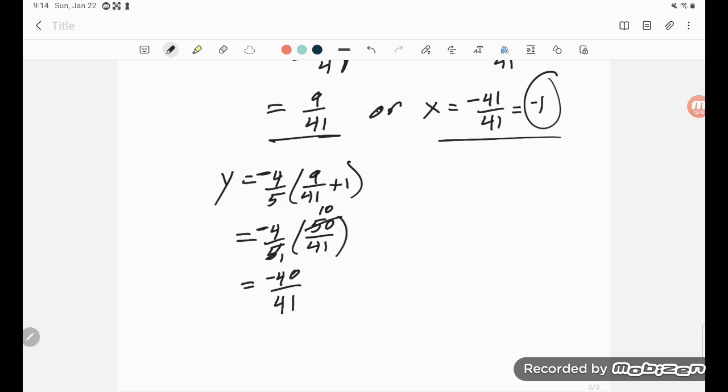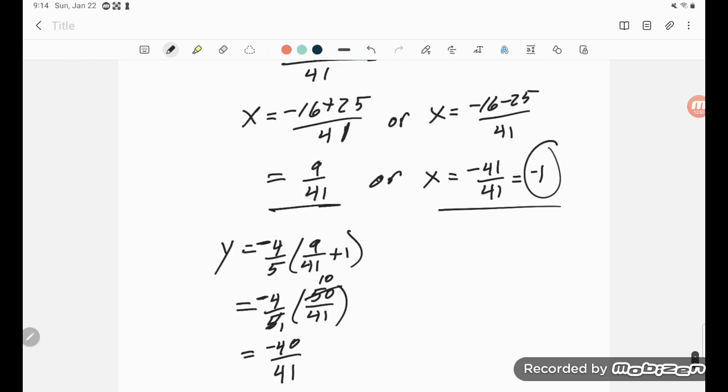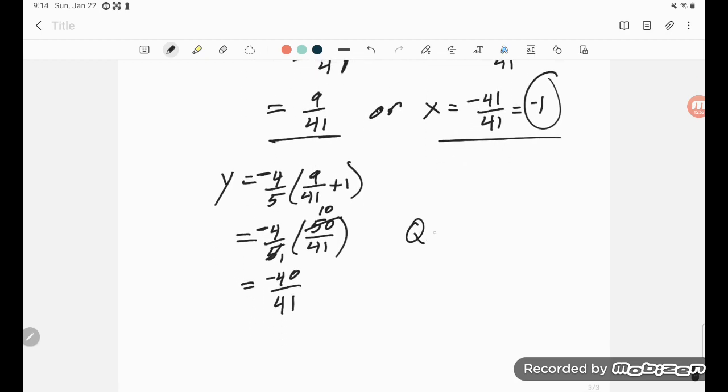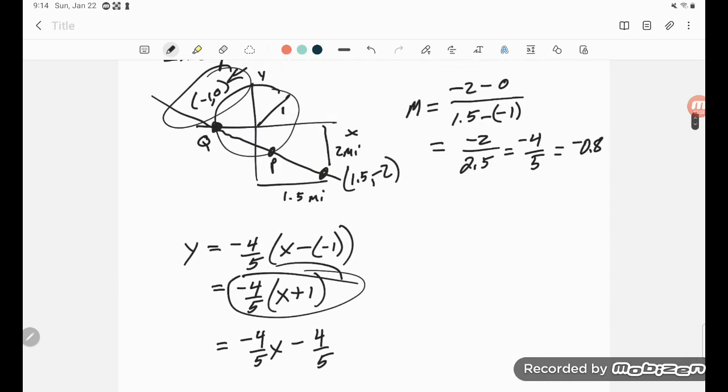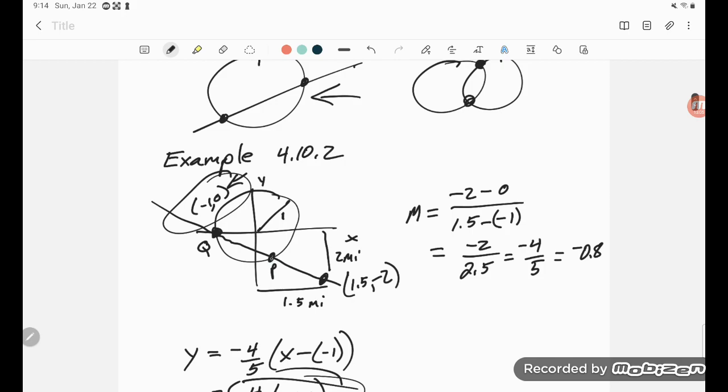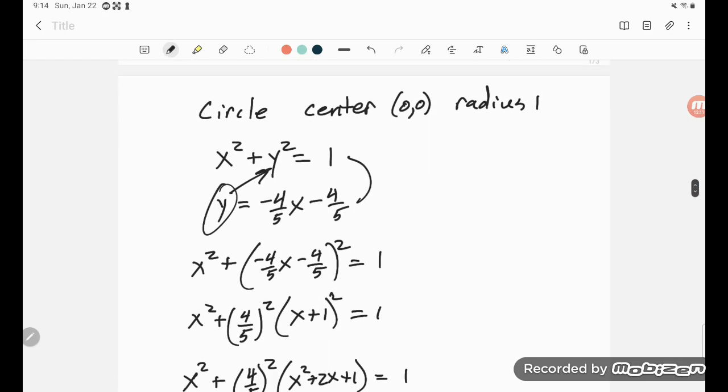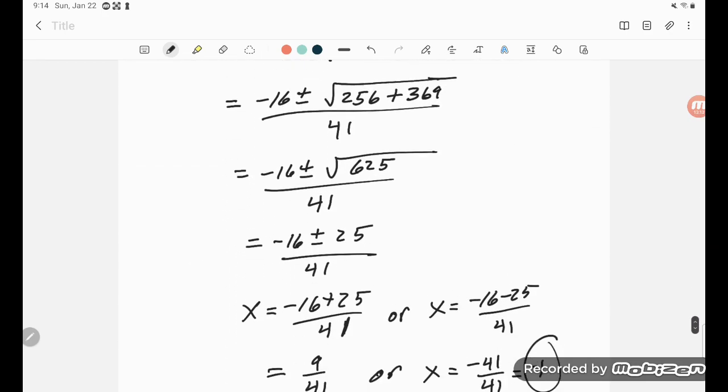It's almost negative 1. Okay, but this is my point Q. Q is 9 over 41 and minus 40 over 41. And at least relative to that picture that we had, it looks reasonable. I got a positive x value and a negative y value, and so that looks like I probably did okay.